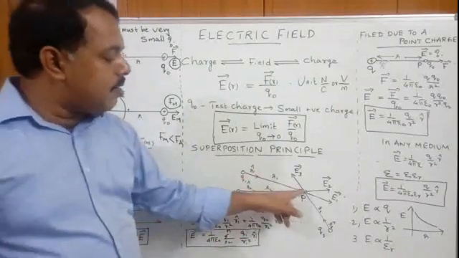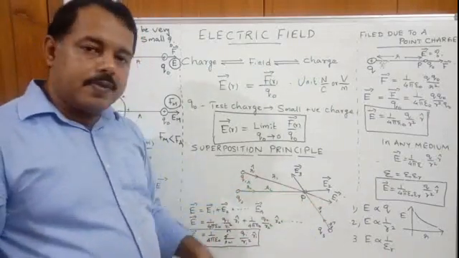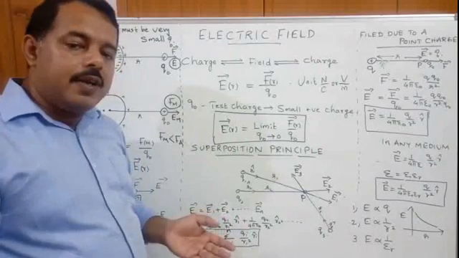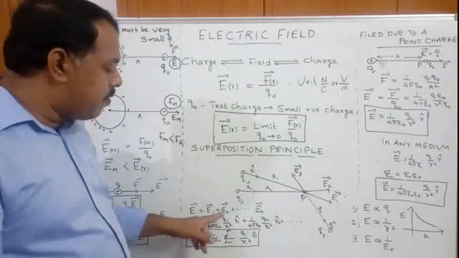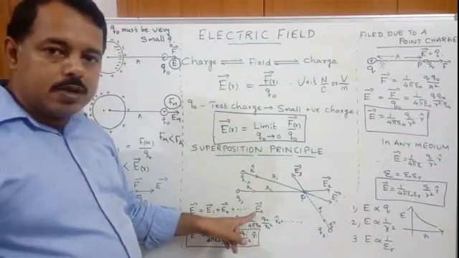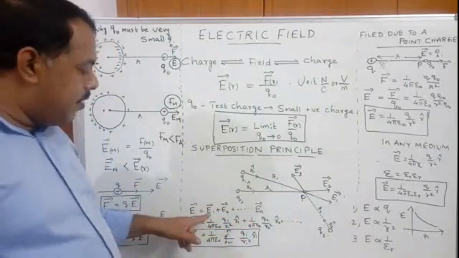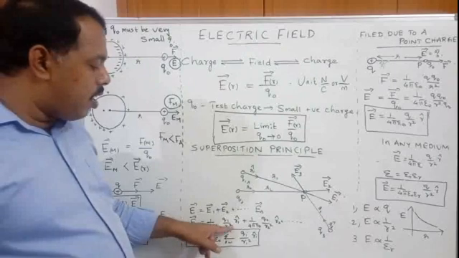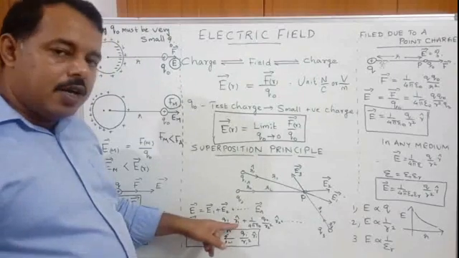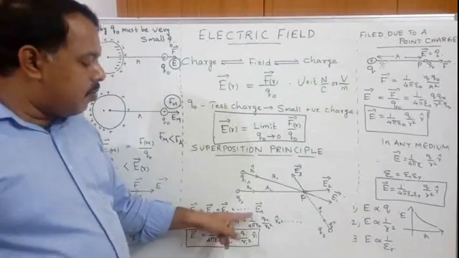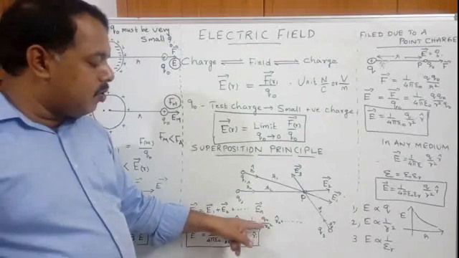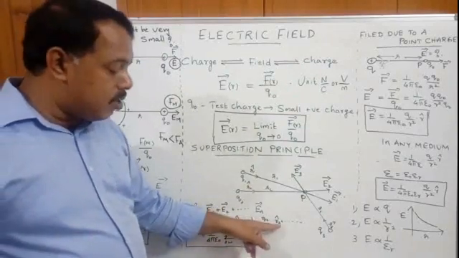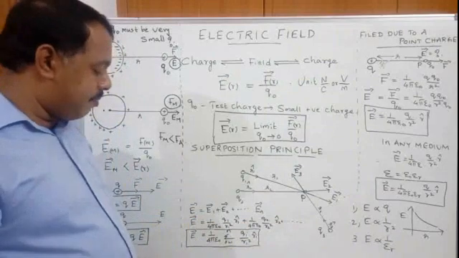Each charge creates an electric field over here, and the net electric field is the vector sum of the electric field due to individuals. So I can write E1 as 1/(4πε0) Q1/r1² into unit vector r1, plus 1/(4πε0) Q2/r2² into unit vector r2, etc.